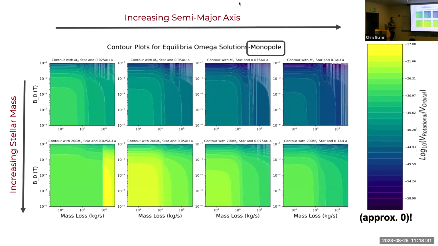Maybe just to follow up, you mentioned you chose a 200 solar mass star. How did you choose the different values for your parameters? Throughout my presentation, I wanted to see if any chance of equilibrium is present. So I used the minimum and the maximum I could use. This is very huge, I know, but I just wanted to try.